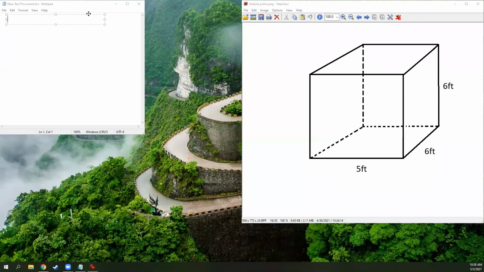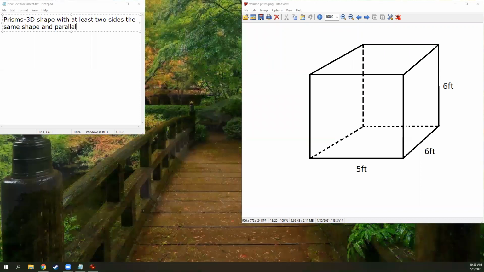So the very first one we're going to talk about are prisms. A prism is a 3D shape with at least two sides the same shape and parallel.